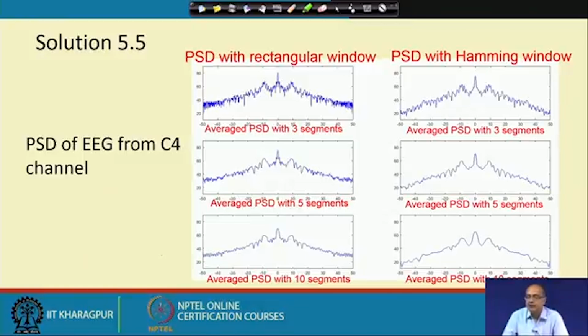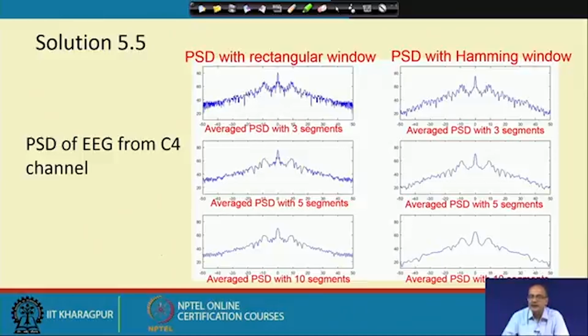As we change to the Hamming window, in each of these cases we get less undulation, or smoother spectra, and if we go for more segments, that is smaller duration of the signal and more averaging, then we have a decrease in the frequency resolution, at the same time we have smoother PSD. So, these are the results we get.